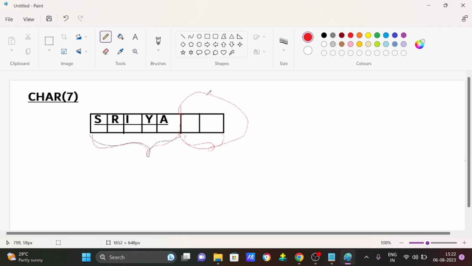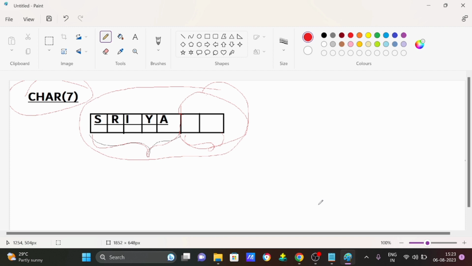One is wastage of memory, because I have only used 5 blocks of memory out of 7 blocks, which leads to wastage of memory, because char of size data type follows only fixed memory size allocation. When I've considered char of size 7, it allocates me 7 blocks of memory, out of which I have used only 5 blocks, which leads to wastage of memory and time of the user. So this is the major drawback of char of size data type.